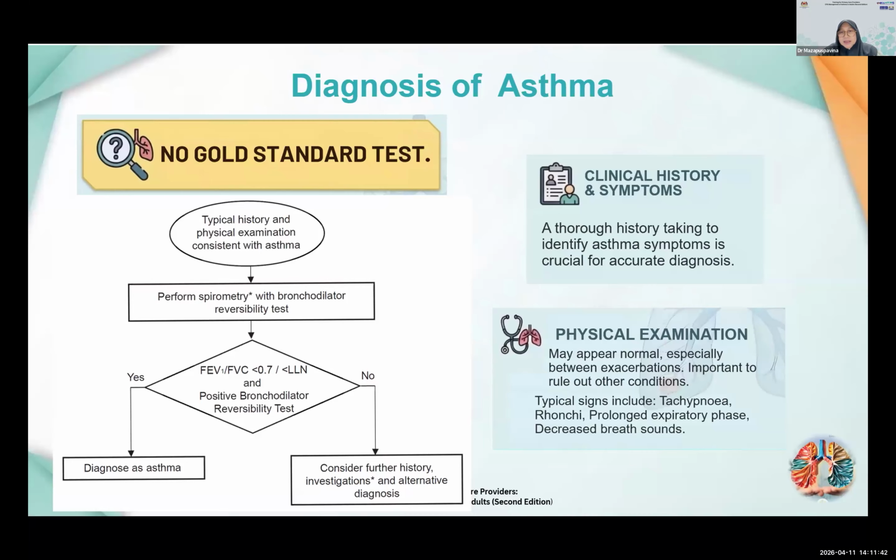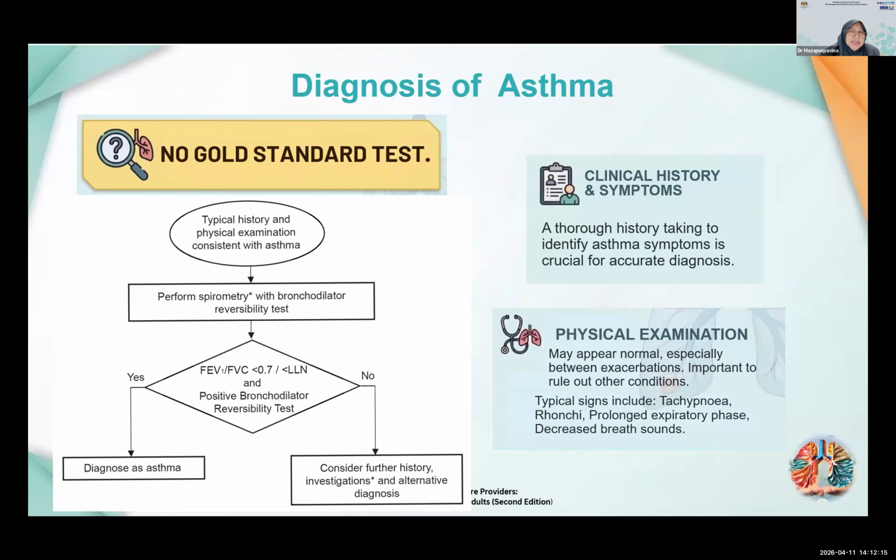Okay, but typical signs, as we understand, are tachypnea, bronchi, a prolonged expiratory phase, and decreased breath sounds. Be careful with decreased breath sounds because some of us might think it is a normal breath sound, but actually the patient has decreased or even silent breath sounds. So at that time, you can consider the patient might have a severe exacerbation.